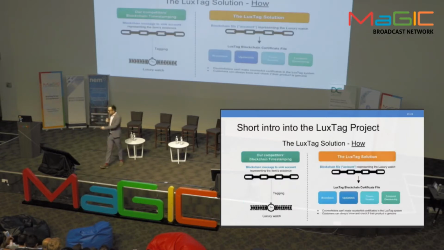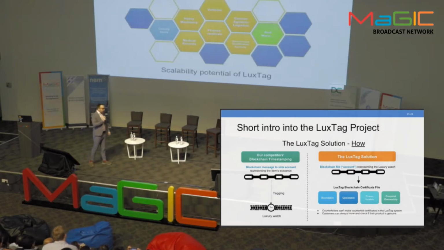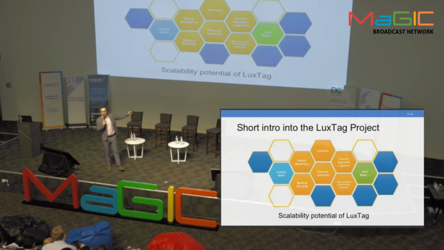Okay, how we do it, on the right side, more important, because time is running out. We have brandable, updatable certificates, which are transferable, obviously, using the NEM blockchain and its specific features. This is one of the most important slides here: that we are scalable into other sectors. That's the beauty.